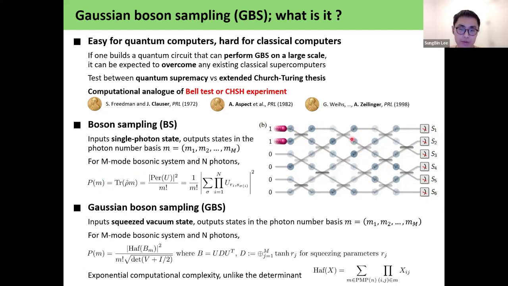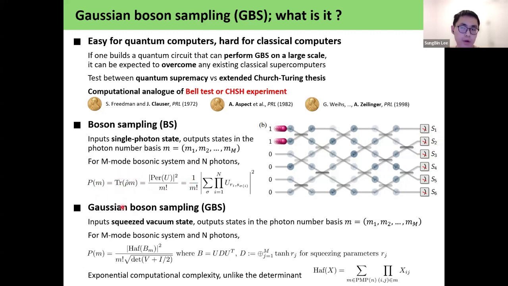In this situation, you have inputted two single photons, so you also have to measure the two single photon outcomes. That will be 6 choose 2, which is 15 possibilities if there is no photon loss. So M is that kind of output, and that probability is given as in this figure on the left.